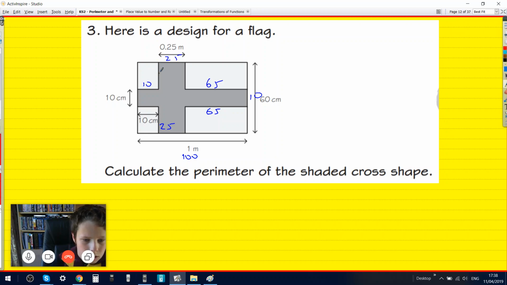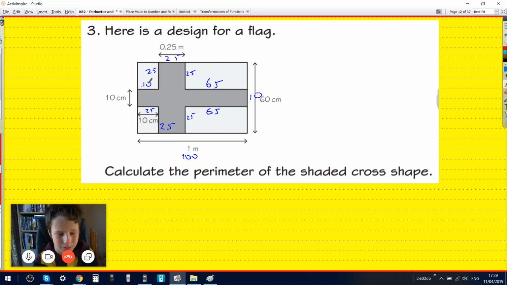What's this height again? We said that was 10. And so this height, these must be 25 and 25, to make 50. And so that's what we would add up.